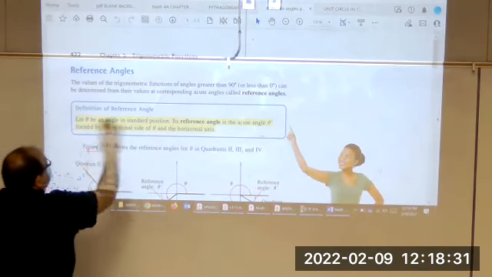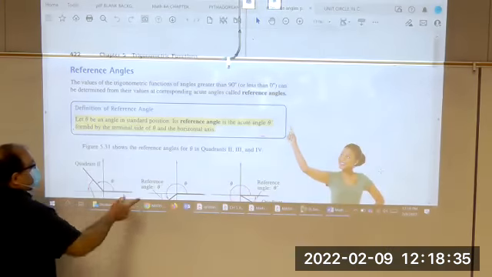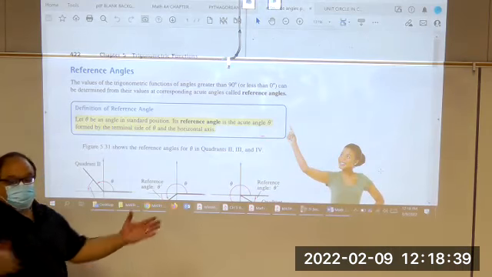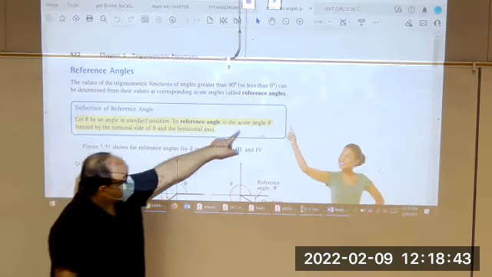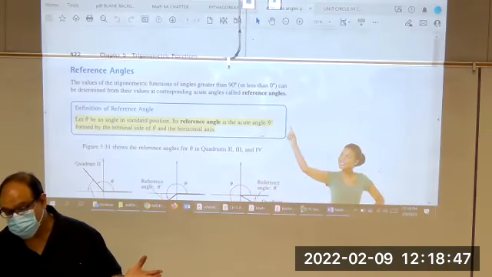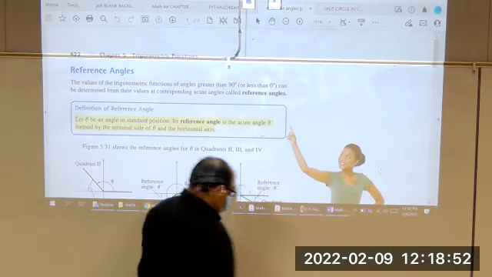So, the reason I saved this page, pulling it out from the rest of them, is because, let theta be the angle in standard position, any angle you want. Its reference angle is the acute angle, which means quadrant 1, theta prime.